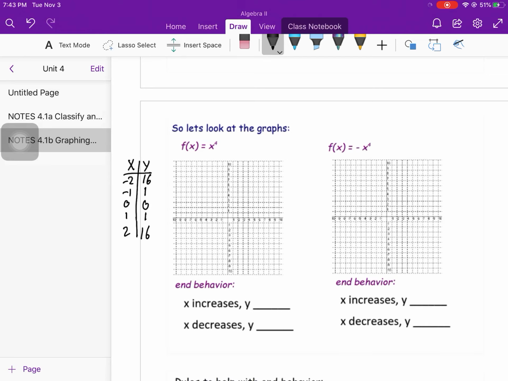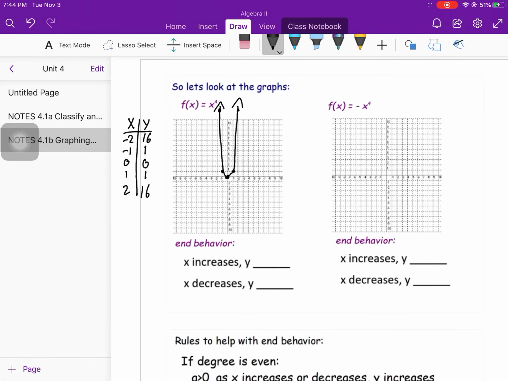You get +1, 0, 1, and +16. So this is very similar to the quadratic when we had x squared. Basically it's just a much steeper, much narrower version of a quadratic, because (-2)^4 = 16 would be somewhere way up here. So it's just super, super narrow.